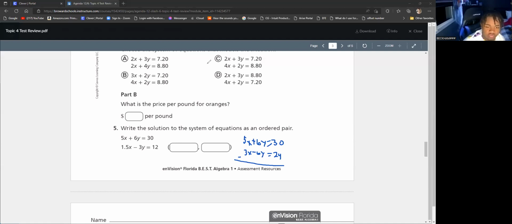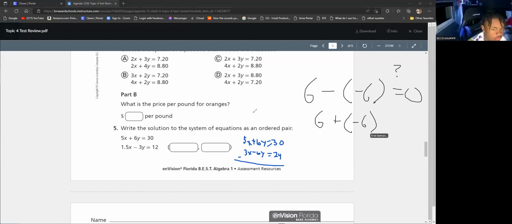Look, when you have 6 minus 6, what is that? Is that 0? Or if we do it like this, that's plus 12 or negative 12. That's why we have to add. Okay, you got the right idea though, just change that to add. Yep, okay, now do it. See what you get.